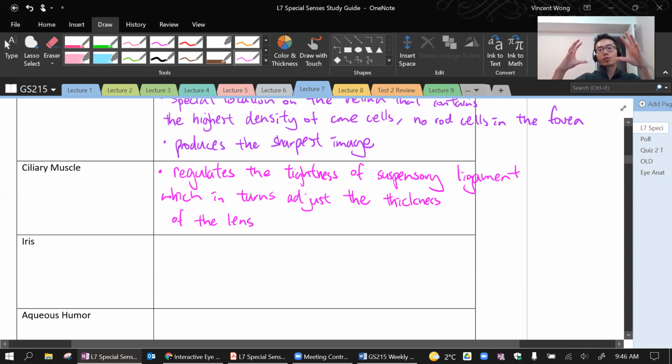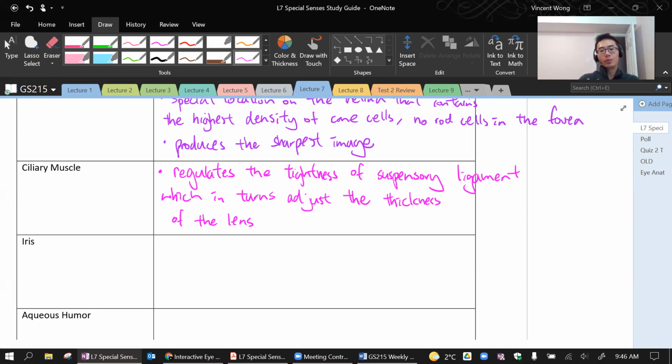Ciliary muscle contracts, ligaments get loose, the lens gets thick. Ciliary muscle relaxes, the ligaments get tight, and the lens gets thin.